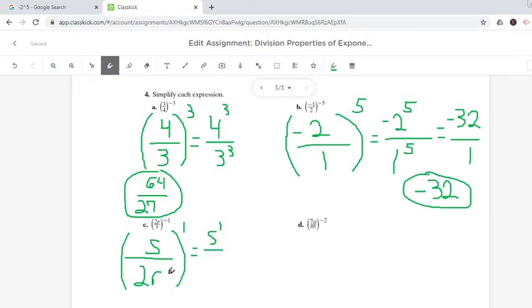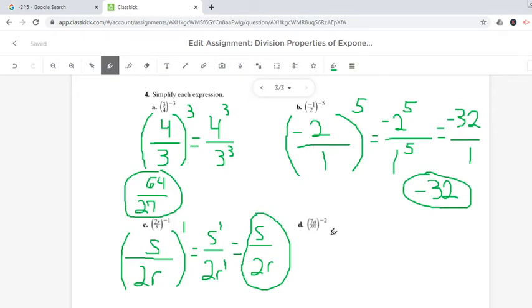And we have 2r to the 1. Okay. And so s to the 1 is s. And 2r to the 1 becomes 2r. Okay. And this is our answer, s over 2r.